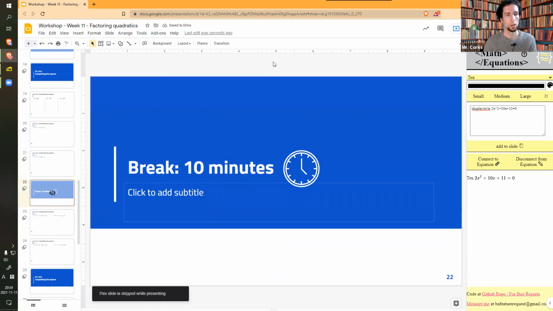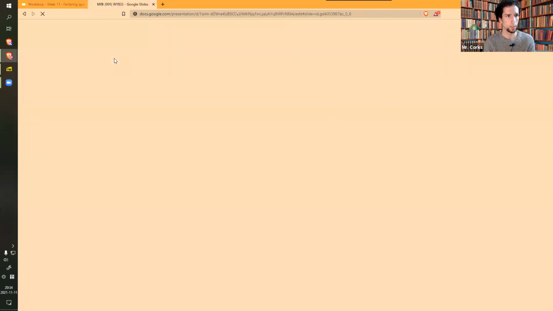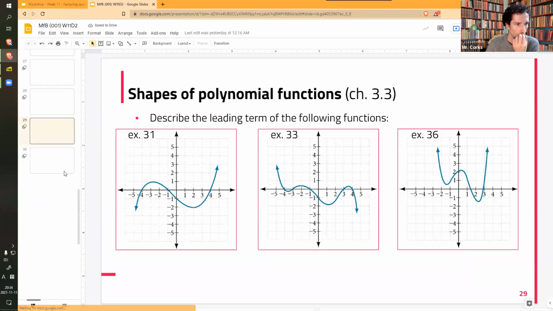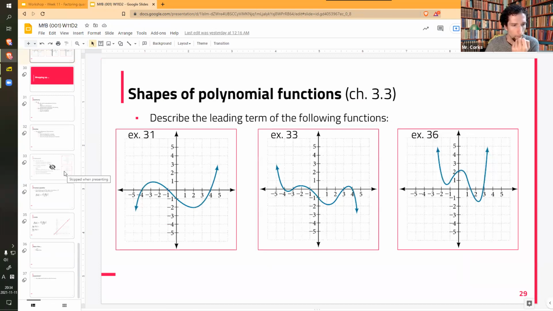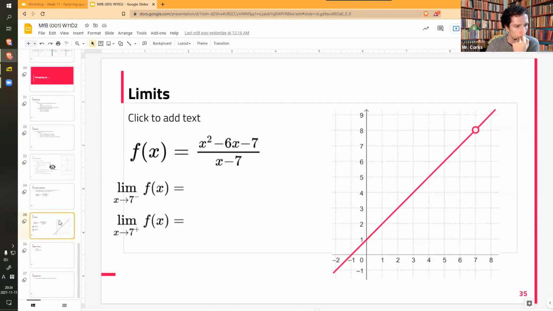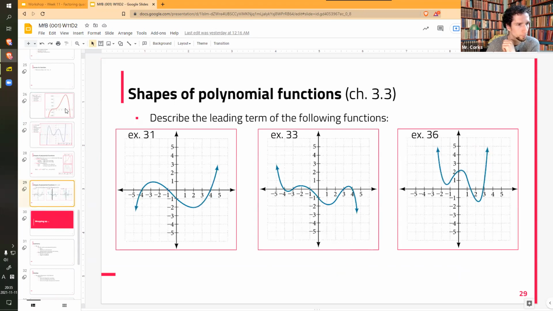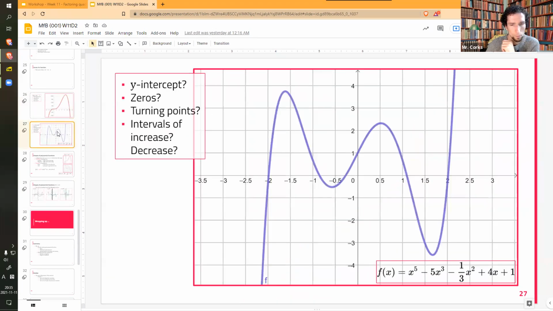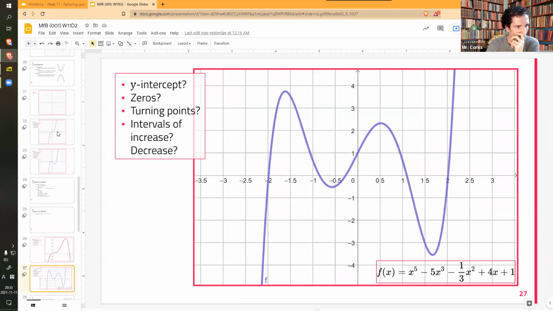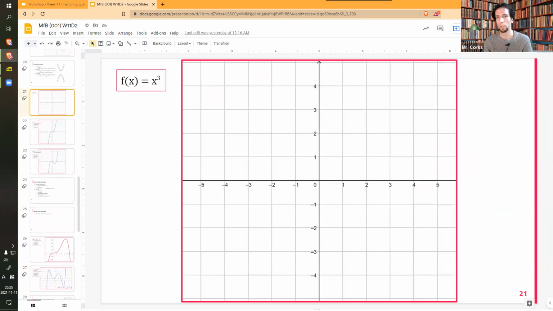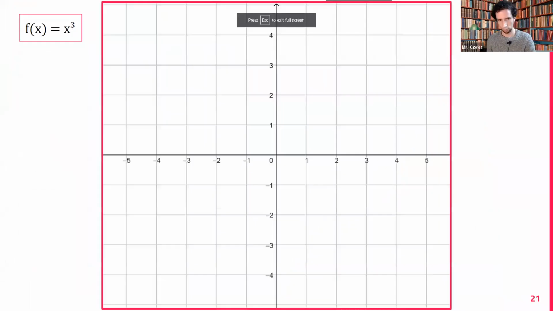Let's go back. I closed those other slides, but let's go back there. Okay, this will work. So let's think of some cubics. That'll be easy enough to show.